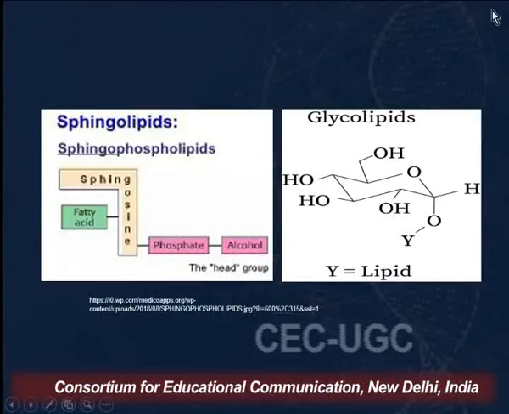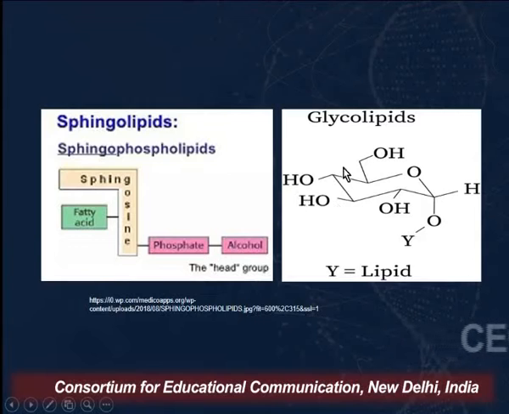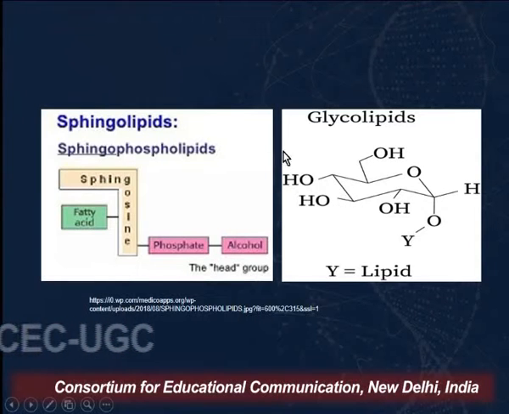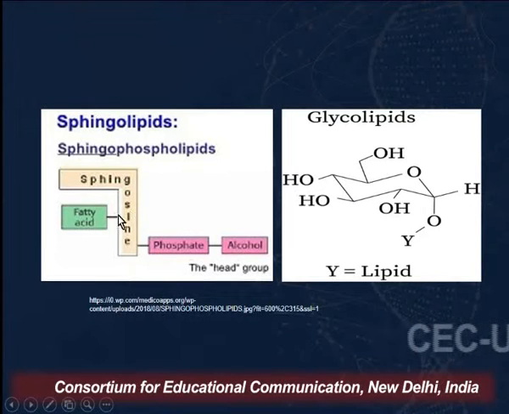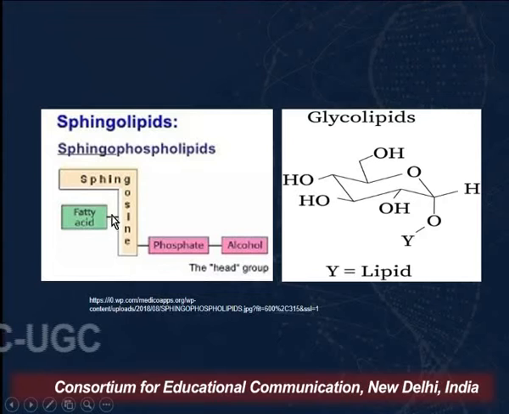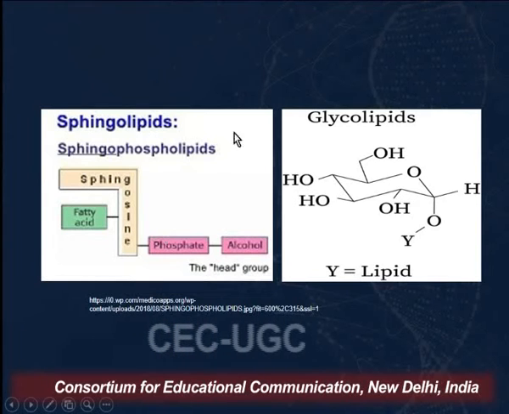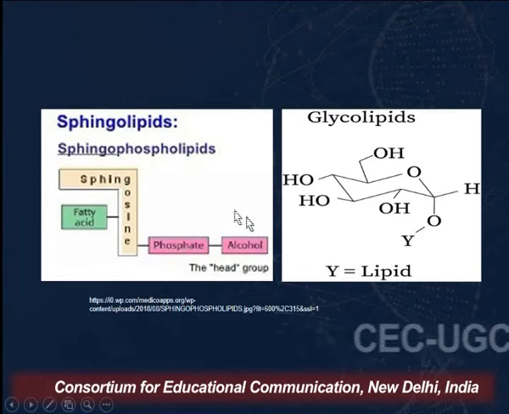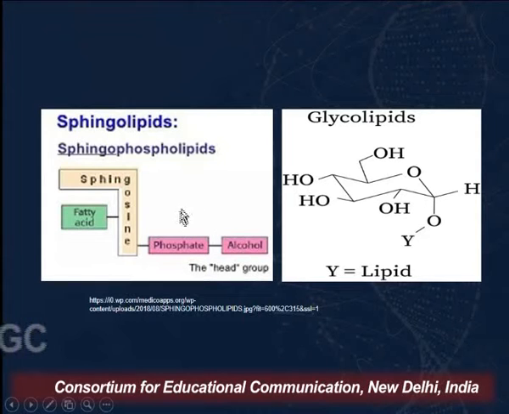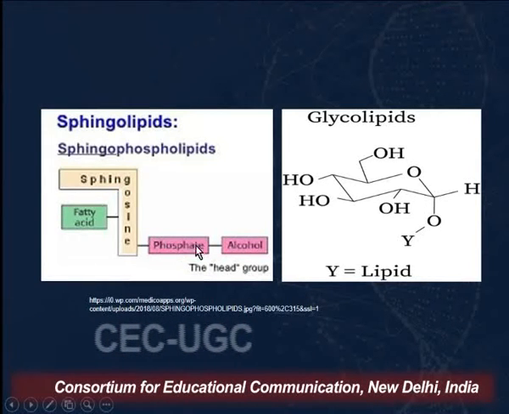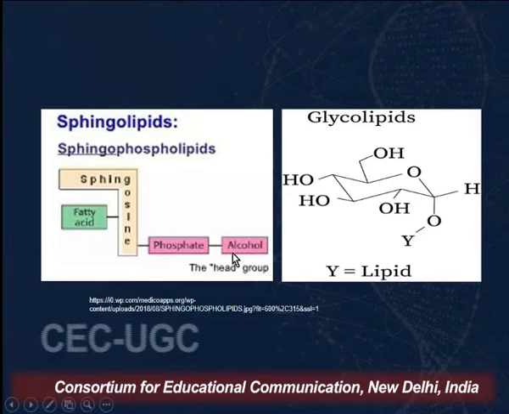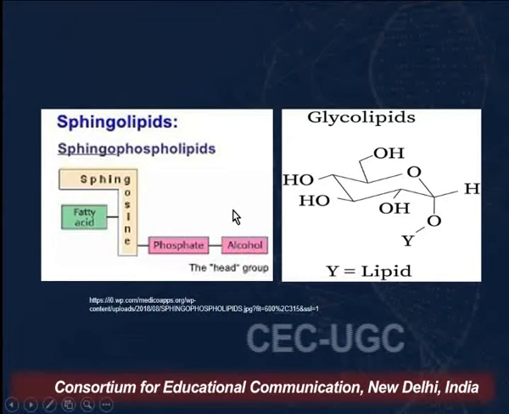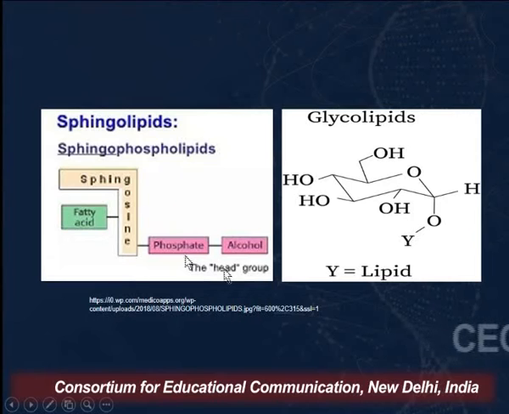So that means now if we look into the basic difference in the two structures of sphingophospholipid and glycolipid, we find that in both molecules the sphingosine residue is going to be there. Then where will the difference lie? In sphingophospholipid, we will have a phosphoester. That is, this OH will be attached to a phosphoric acid, resulting in an ester bond here, and we will have a nitrogenous base, an amino alcohol here, which will make the head of the molecule.